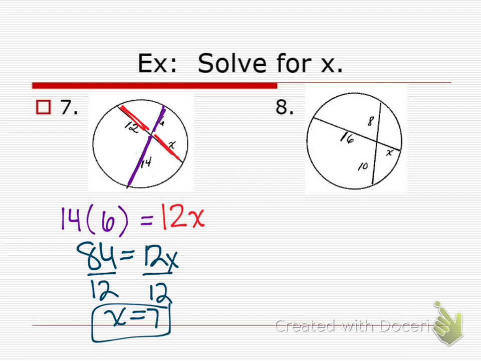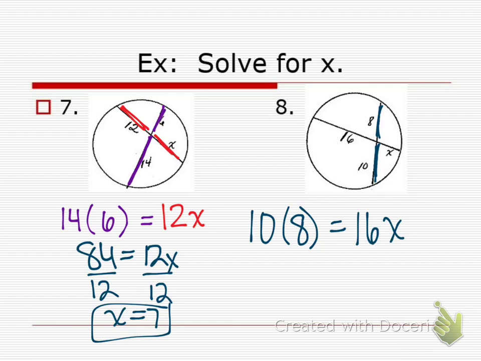All right, on number 8, somebody give me a segment they want to start with. 10, sure. Maybe, Martez, is it best to start with the 10 and not the 8? It's up to you. It doesn't really matter as long as you're following a straight line. So which one has to go with the 10? 8. So we would have 10 times 8 equals 16 times x.